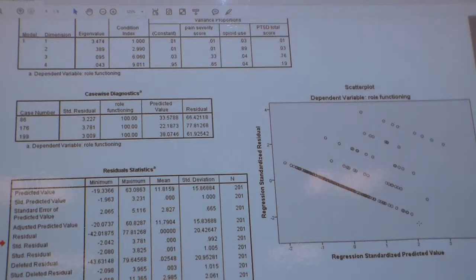But if we go down through and look at our residual statistics, remember that we didn't have a standardized residual that was greater than 2 or greater than 3 in the previous model. Here, we got a standardized residual working close to 4, right?